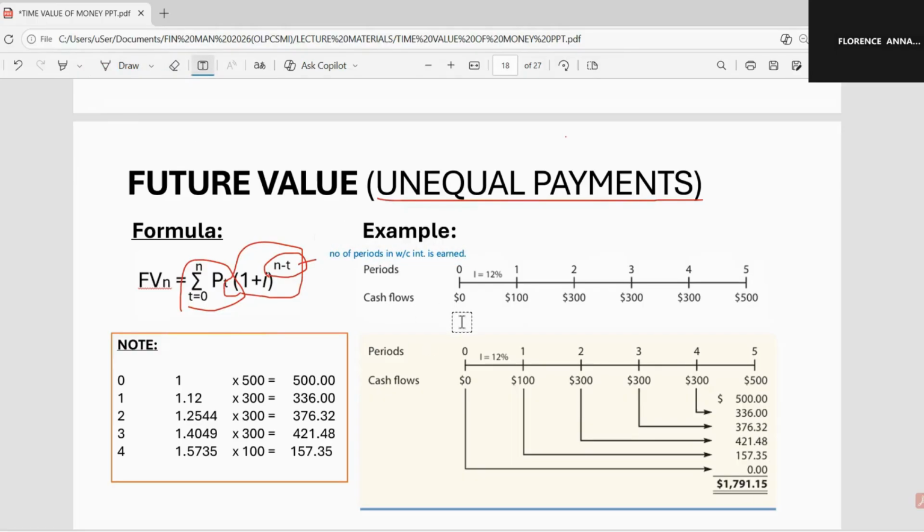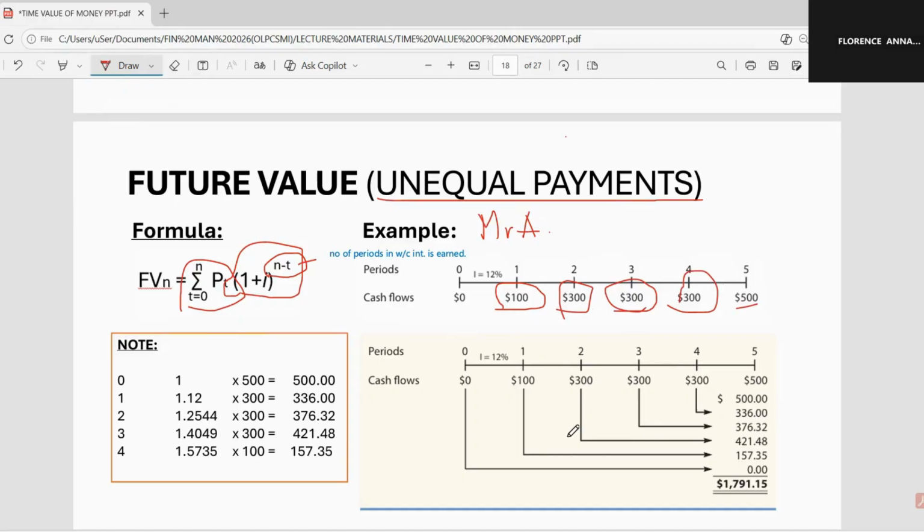So, for example, given this problem, wherein, sabihin natin si Mr. A, puts up $100 in period 1, $300 in period 2, period 3, period 4, and $500 in period 5.